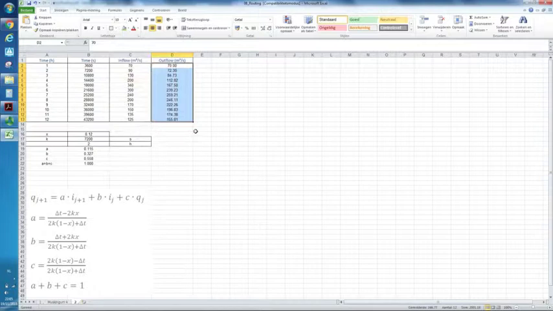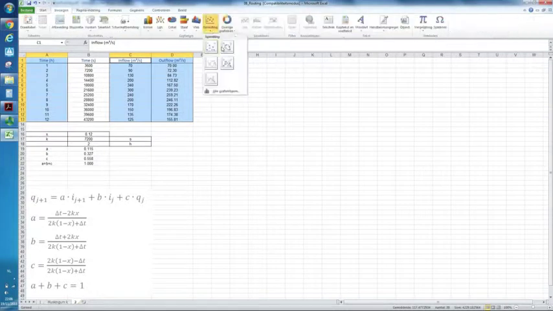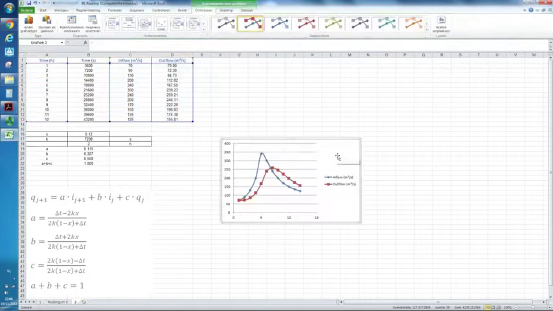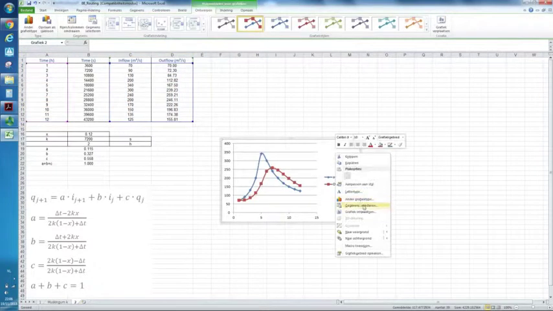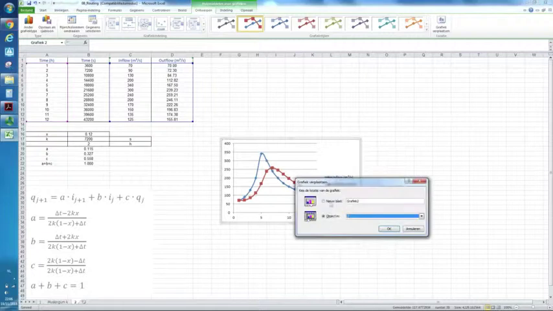Let's make this a little bit cleaner, like this. And let's make a graph out of this. So we will have on our horizontal axis the time, and on our vertical axis the inflow and the outflow. Let's make a nice scatter plot out of this one. So we'll call it outflow Muskingum, like this.